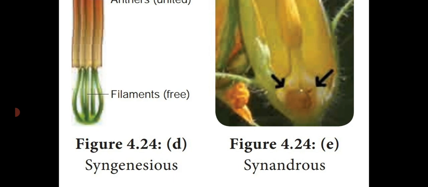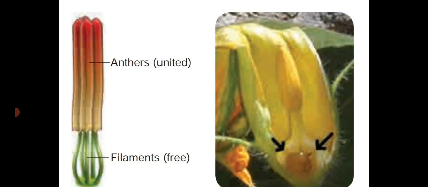Example, coccinea. What is a coccinea? I told you, it's a kovakka. Okay, a flower of the kovakka. So this is said to be the syngenesious and synandrous type of flowers with the stamen fusion.